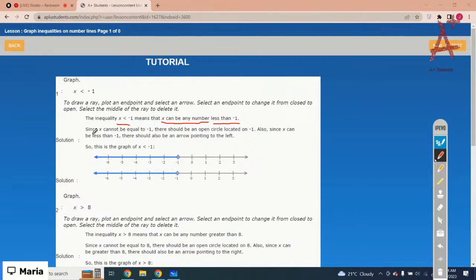Since x cannot be -1, there should be an open circle located on -1 because -1 is not included. Since x can be less than -1, there should be an arrow pointing to the left. So the first option is the correct one. The open circle means -1 is not included and you have an arrow on the left side. Got it?